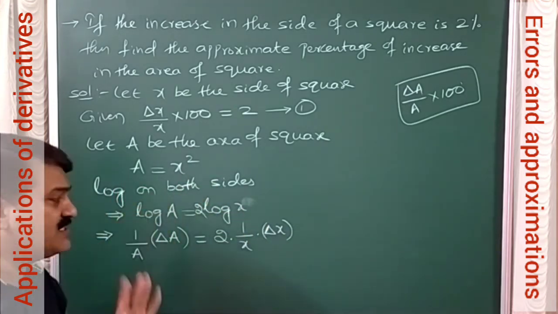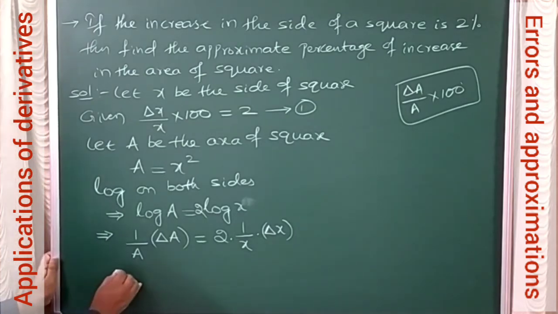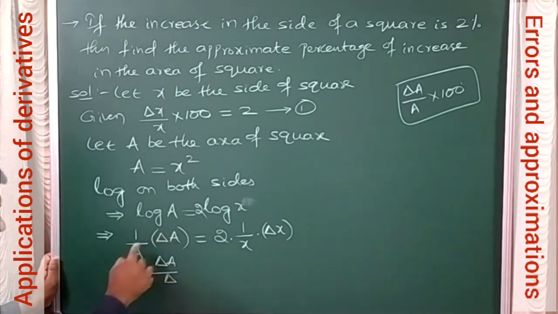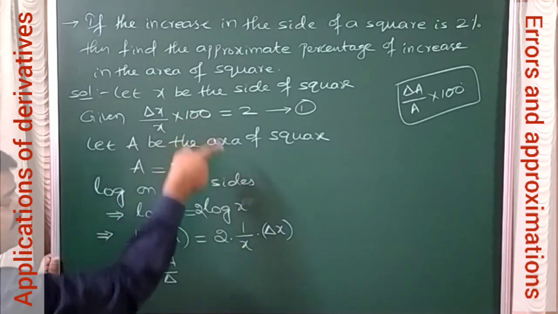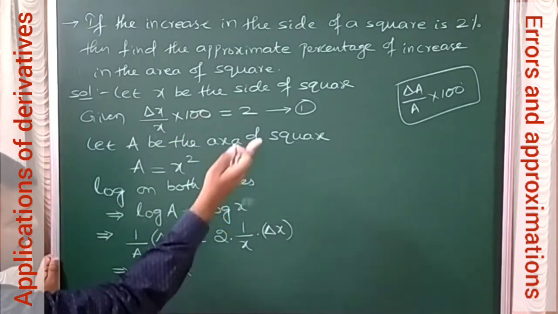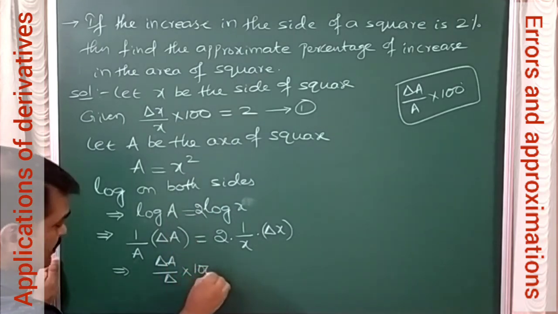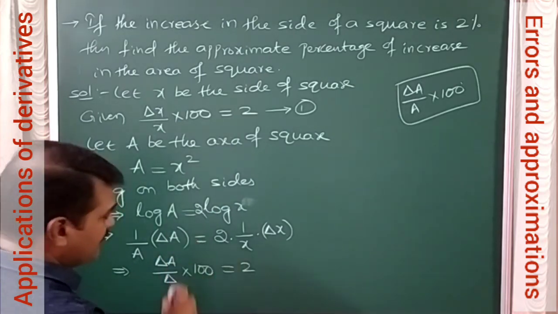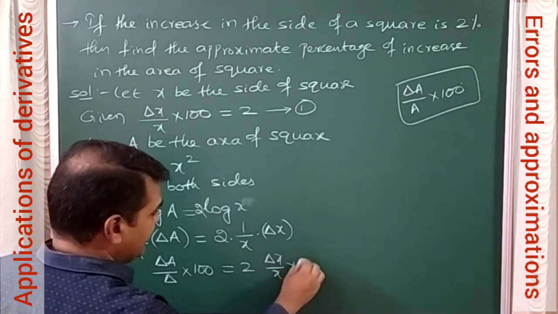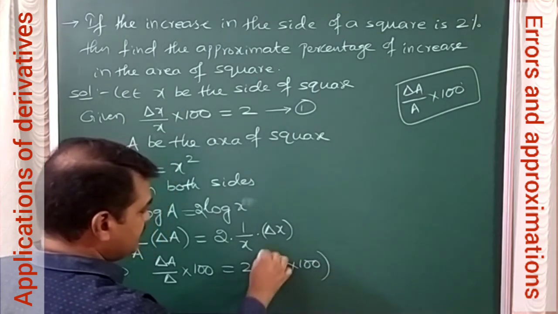Delta representations we are using. So this is actually delta A by A value. Delta x by x into 100 we know. Therefore delta A by A into 100 is required, so multiply with 100 on both sides.